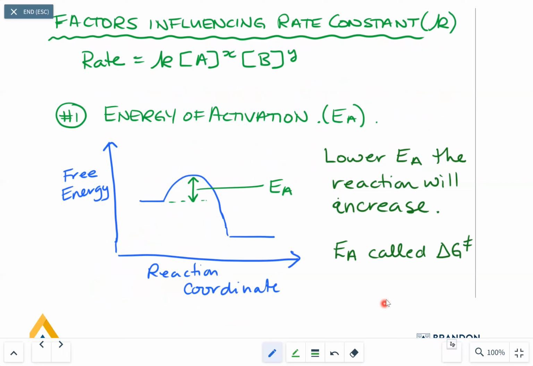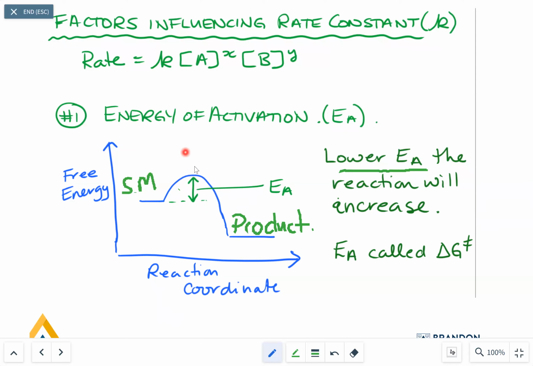So if you want a reaction to take place faster, the key point here is that if you lower the activation energy, the reaction's rate is basically going to increase. You have your starting materials on the left-hand side, you have your products on the right. There's some barrier here which you have to overcome for the reaction to take place.